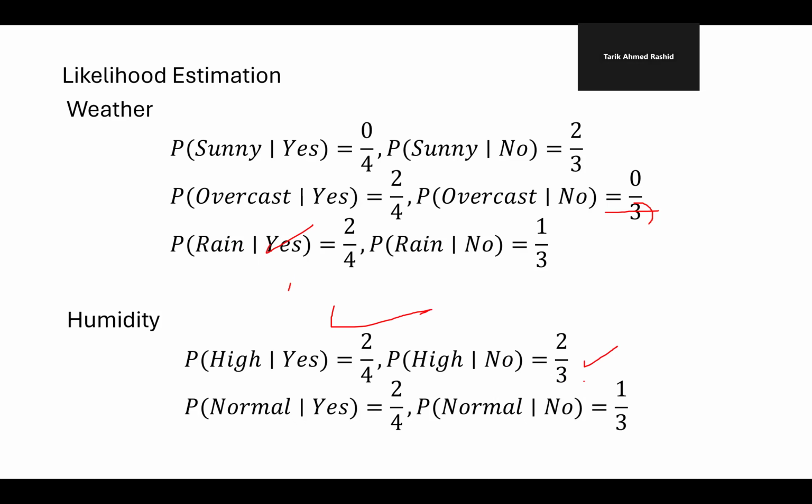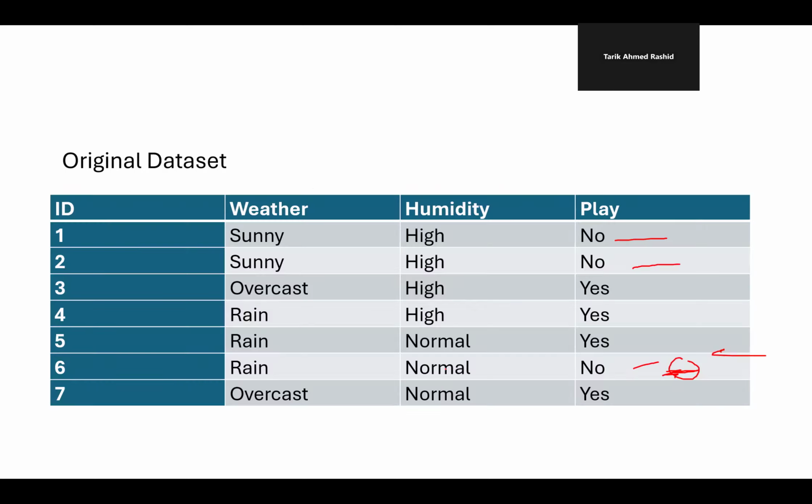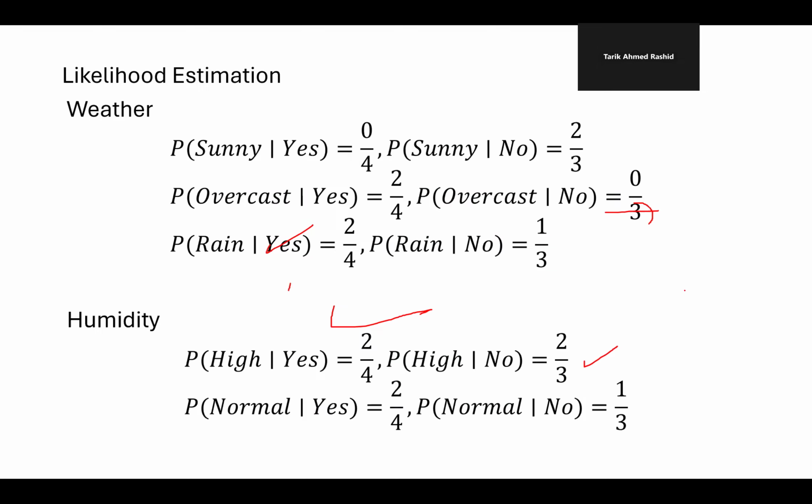So actually, we have four samples of high, by the way. That's one, that's two, that's three, that's four. So two yeses we have, 2 over 4, and 2 no's we have over 3. I think that is done.